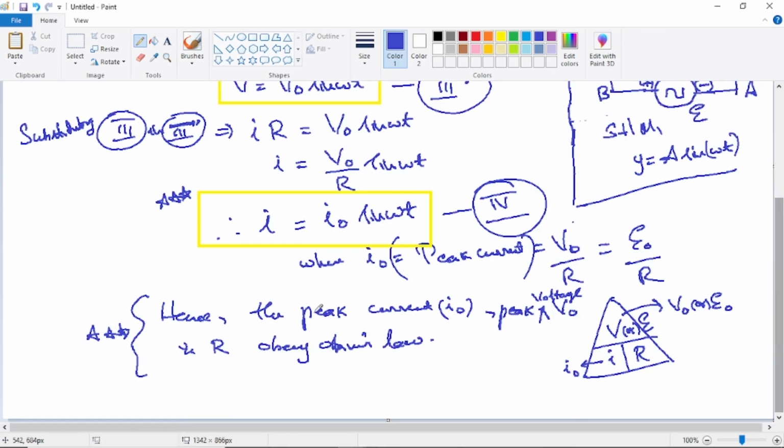So the next part here is a graph. Here I am writing that a graph is drawn. This particular line has come even in the AC generator.